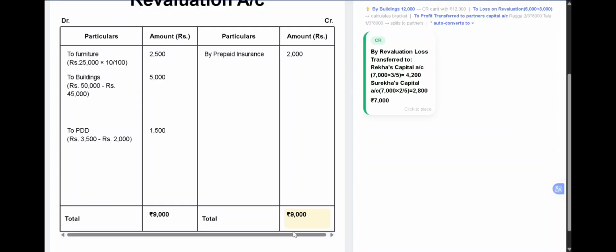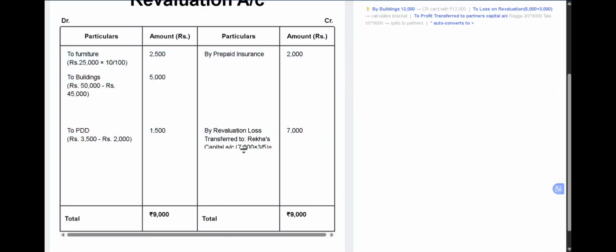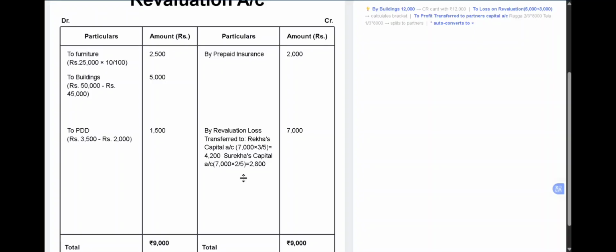Now if you see, the debit side is more, that is our expenses or losses are more than the income. So it is a revaluation loss. So the balance should be 9,000 minus 2,000, which is the revaluation loss, which should be transferred to the partners' capital account.